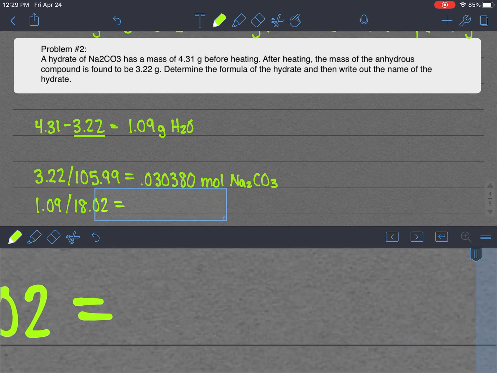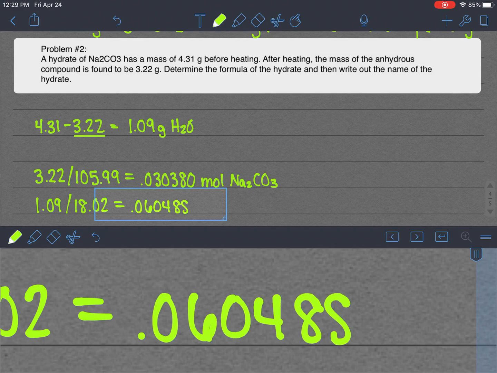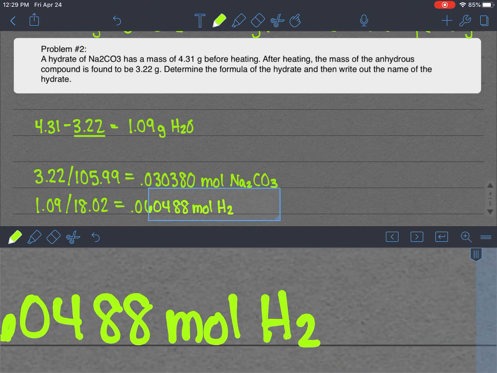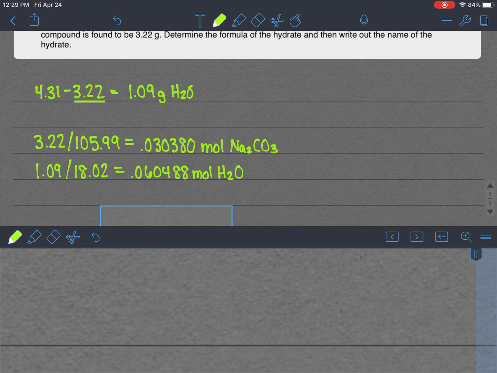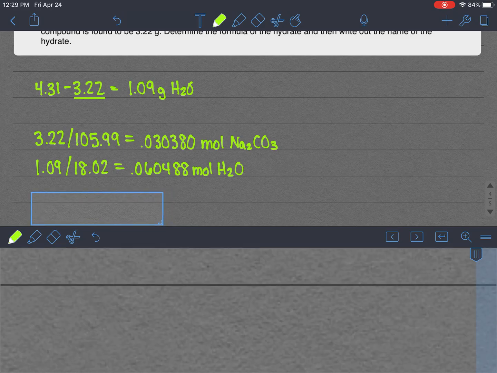And I get 0.06048 moles of water. Hopefully you can see that that should work out to be a 1:2 ratio. It rounds out to being 1.99105, so we're going to round that to 2 when we divide those two by each other.